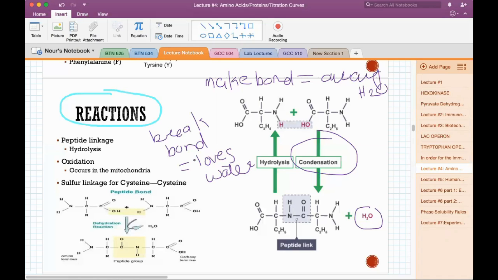So you put in water to break a bond. And a peptide bond is made through condensation when you take away water.